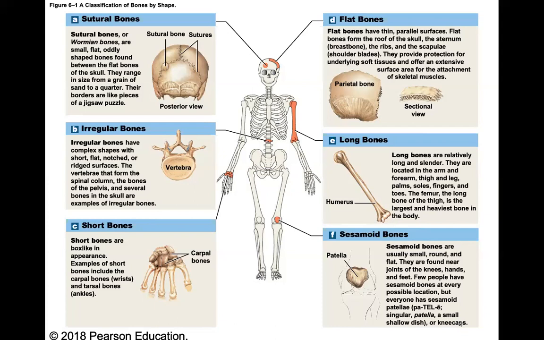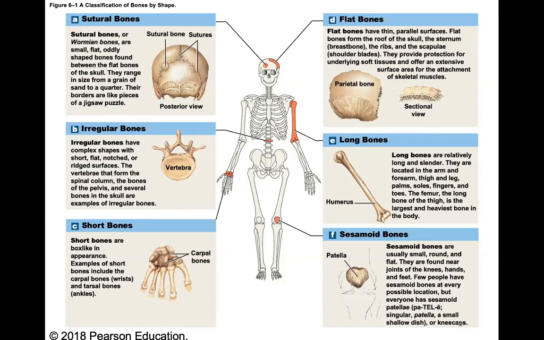An irregular bone is just an irregularly shaped bone. Example, that would be the vertebrae. Short bones, these are like short cube-like bones. These are the ones we typically find in the wrist, which are our carpal bones, or the ankle, which are our tarsal bones. Flat bones, these are thin, parallel surfaces.